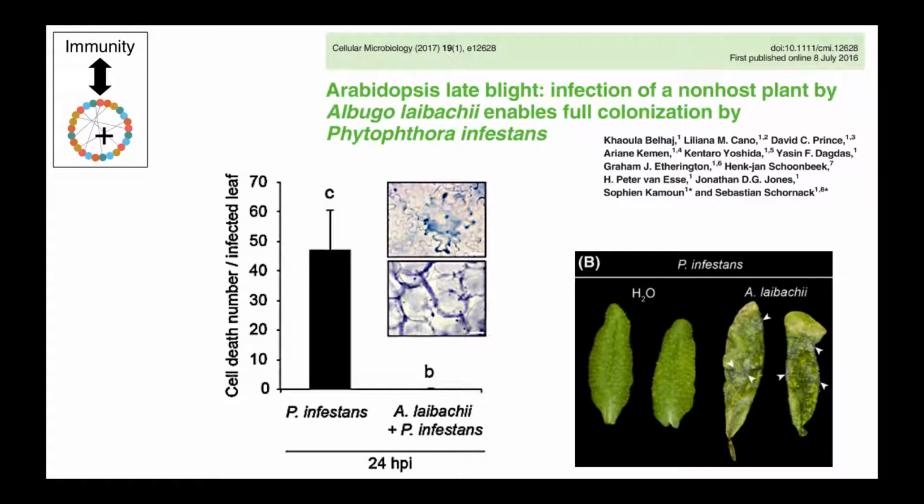On the other end of the spectrum, we can have positive interactions through plant immunity. In this example, one microbe allows a plant that is normally not a host to Phytophthora disease to become infected. That's often referred to as immunosuppression.